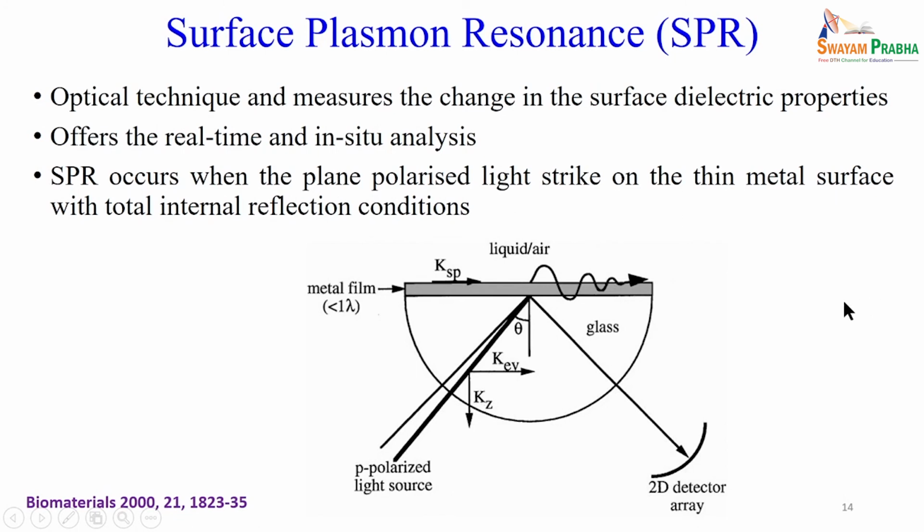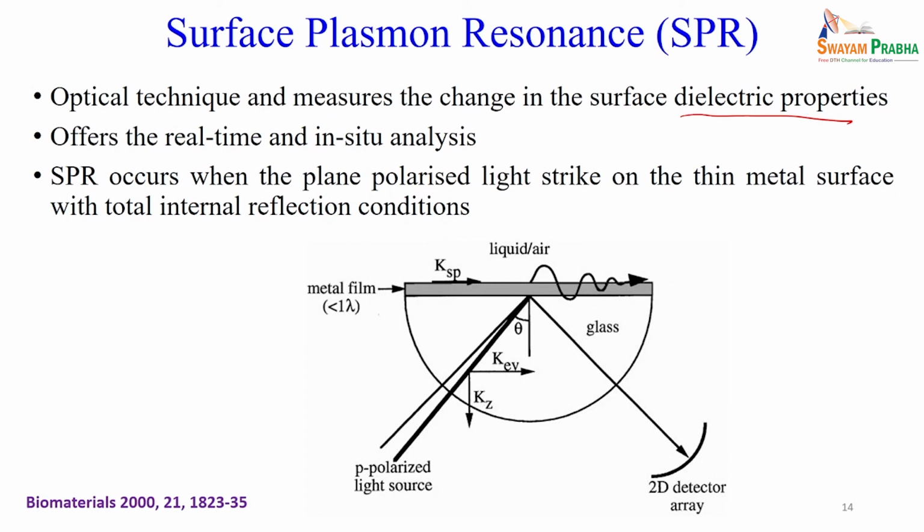So, the first method is surface plasmon resonance. This is an optical technique which measures the change in the surface dielectric property, and it is used for real time and in situ analysis.